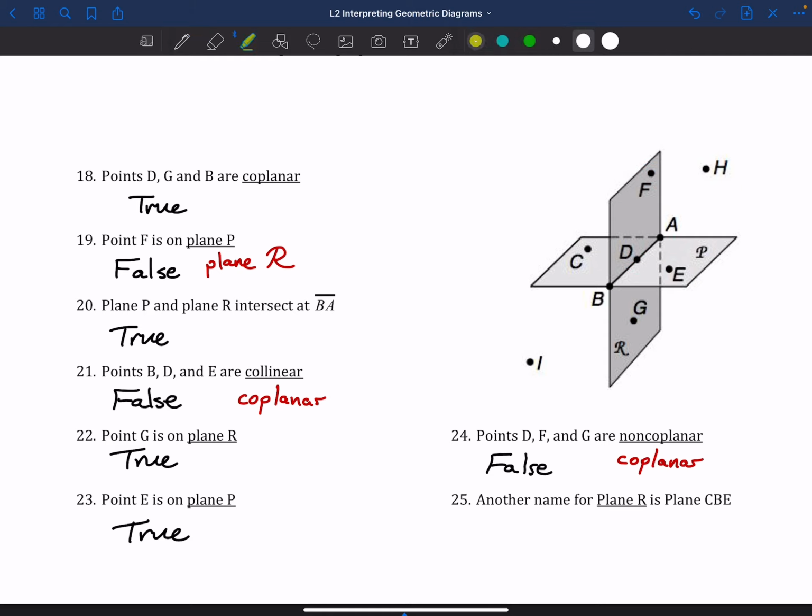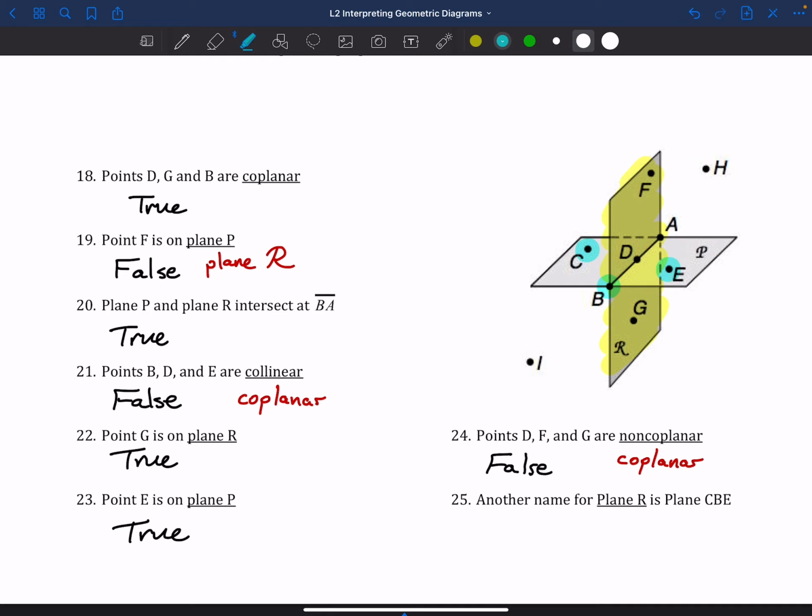Last but not least, another name for plane R, that one going up and down, is plane CBE. This is something we haven't done quite as much of, or at all, through this second lesson. But remember that another way you can name a plane is by 3 non-collinear points on it.